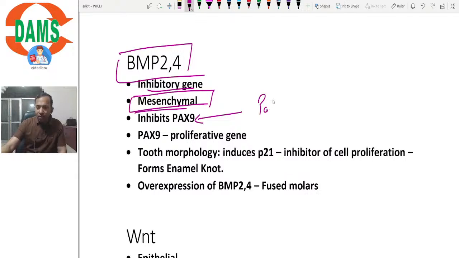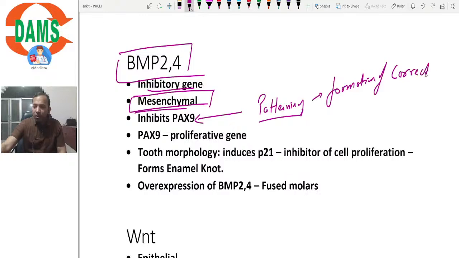PAX9 also helps in patterning. Now, what is patterning? Patterning is nothing but the formation of correct tooth at correct position, right? That is, if an incisor is formed, incisor should form in the anterior most region.